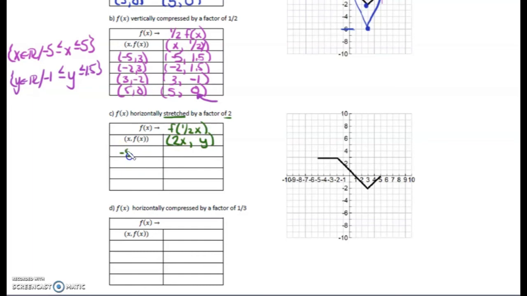So -5, 3, -2, 3, 3, -2, 5, 0. Multiply every x by 2, so I get -10, -4, 6, 10, and the y stay the same: 3, 3, -2, 0.